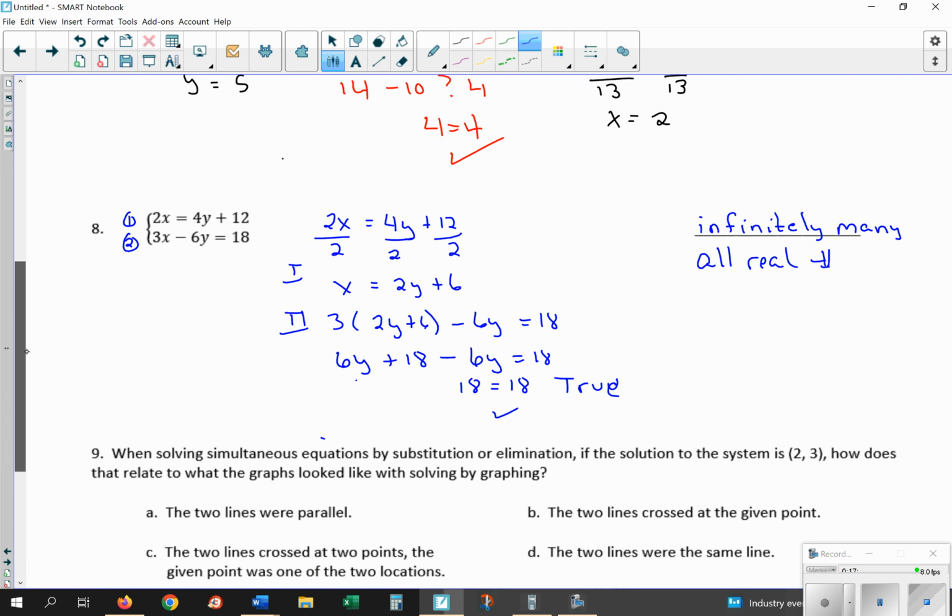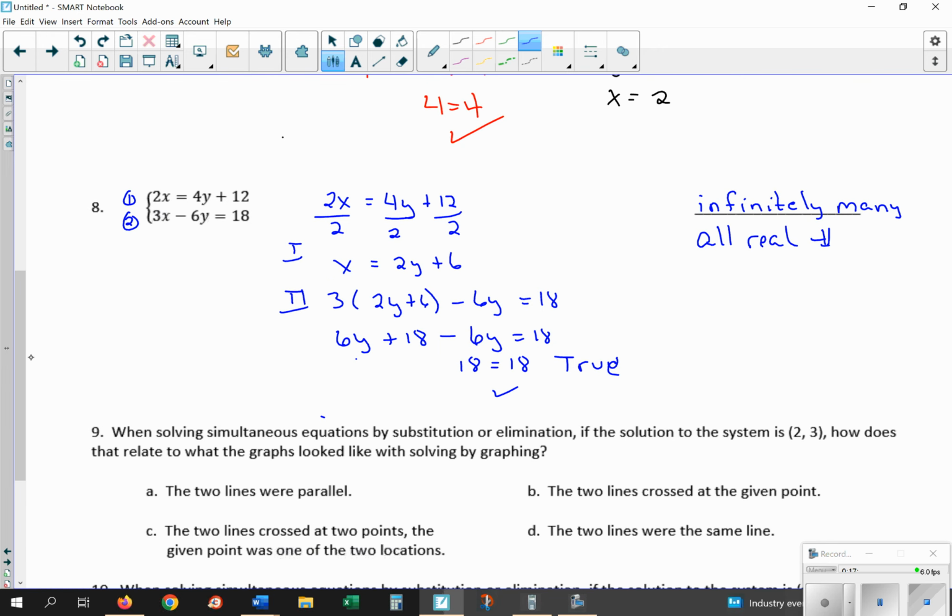Oh, and then, so rather than going, well, I'll take it all the way back up there. So I'm going to take the second equation first, 3x minus 6y equal 18.